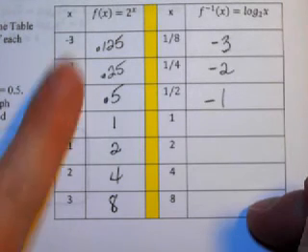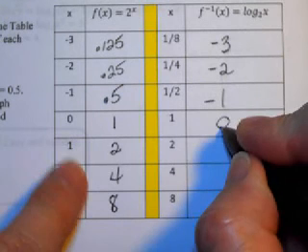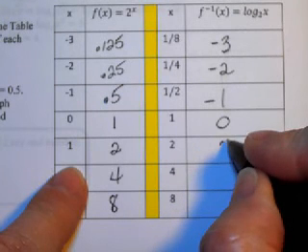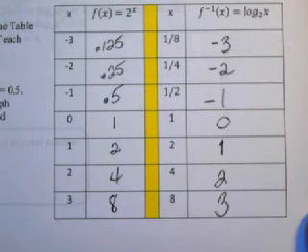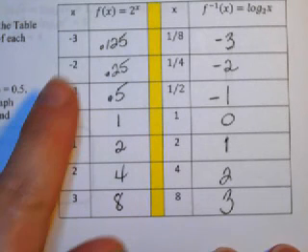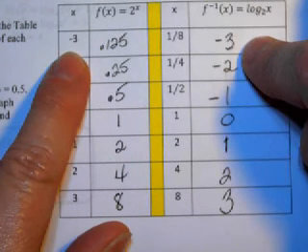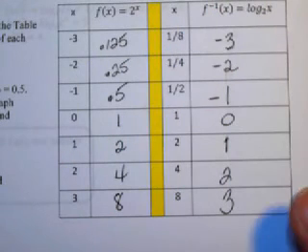And the x values here have been the y values of the log function. So this would be 0, 1, 2, and 3. And all this was to show you that they are definitely inverses of each other, because the x became the y and the y became the x. And if they change places like that, then they are inverses of each other.